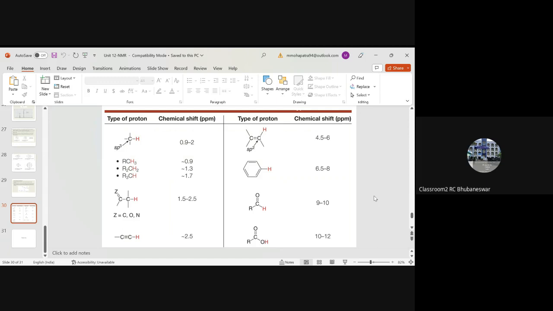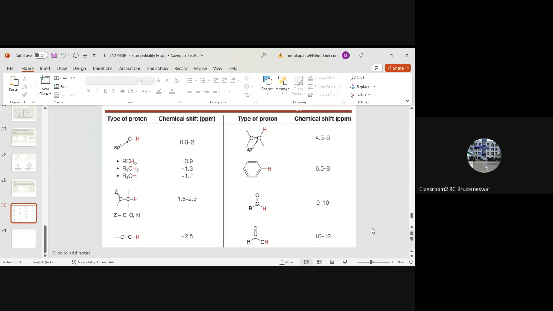The way I was telling you, if an acidic proton is there, then it will come around 10 to 12. If you are synthesizing a molecule and you are getting an NMR peak at 10 to 12, then you can think, okay, I may have this acidic group or aldehyde group, or conjugation is there, or an alkyne or alkene is there.